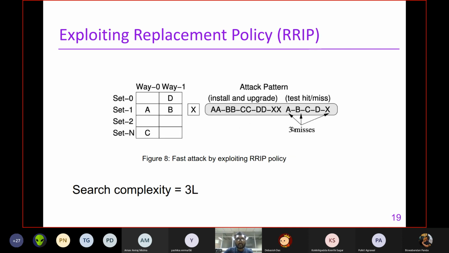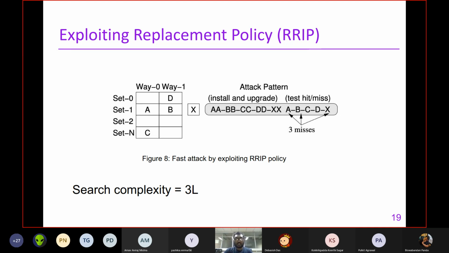Then since all the modern processors use some kind of reuse based policy, they took a representative example, reference interval prediction, where they found that just installing the lines won't work, so they have to install and upgrade the lines. Upgrade in the sense that each line is associated with some reuse bits.